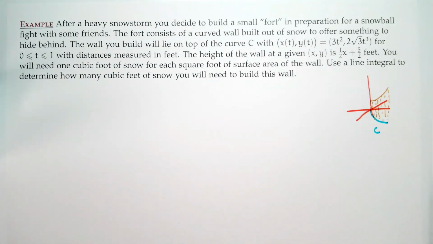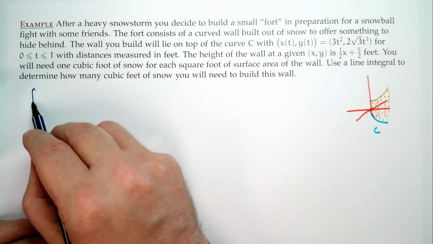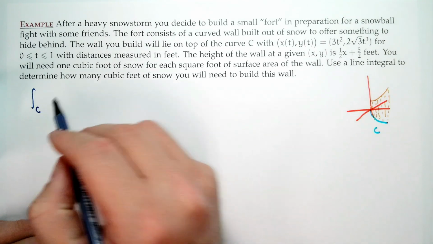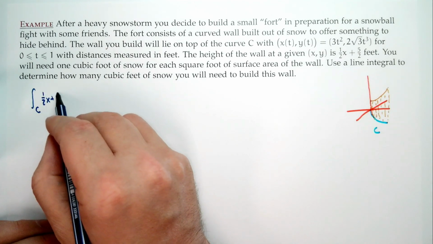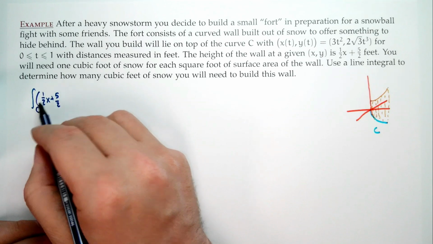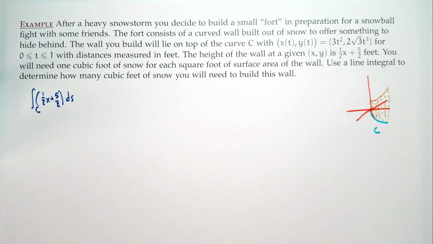So this particular problem, we can rephrase in the following way. We want to do the integral along the curve of ½x + 5/2 ds. Okay, so that's what we need.